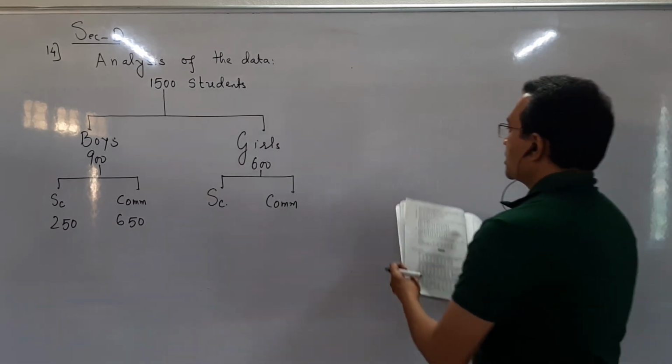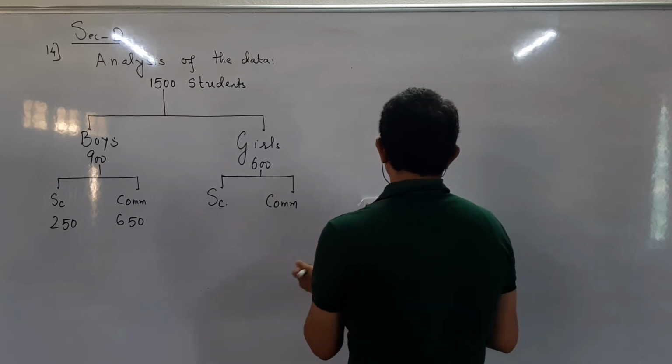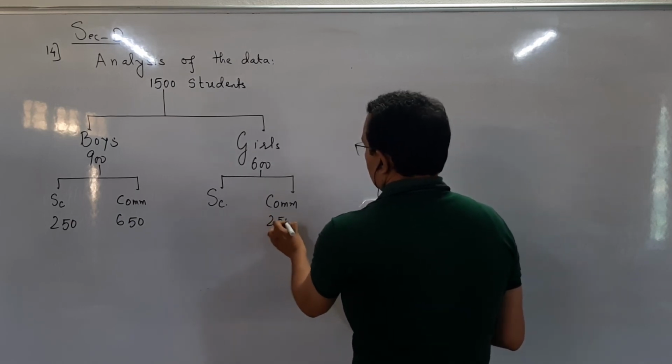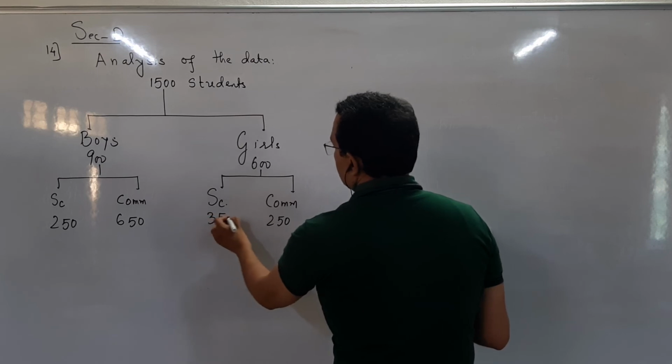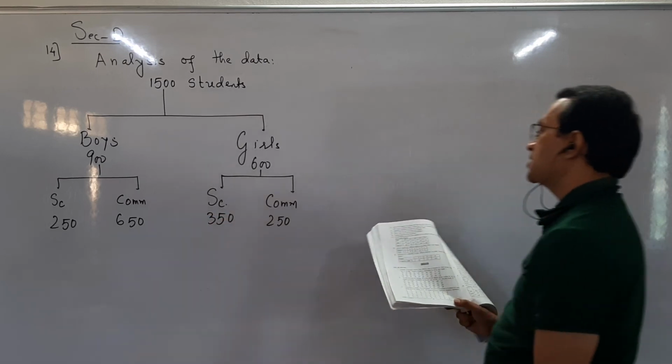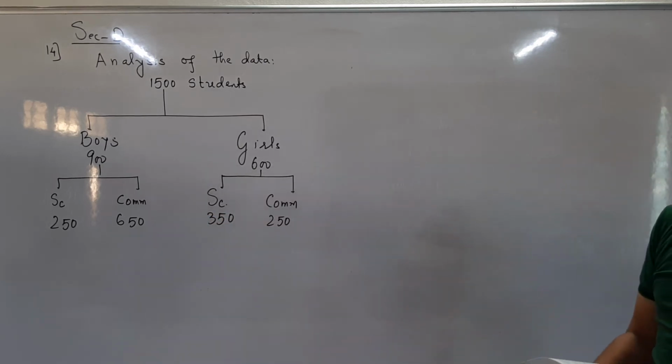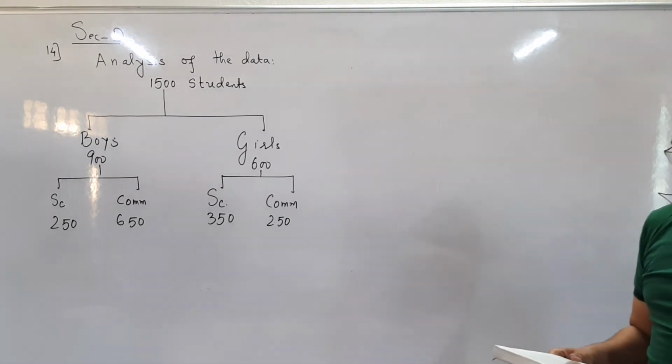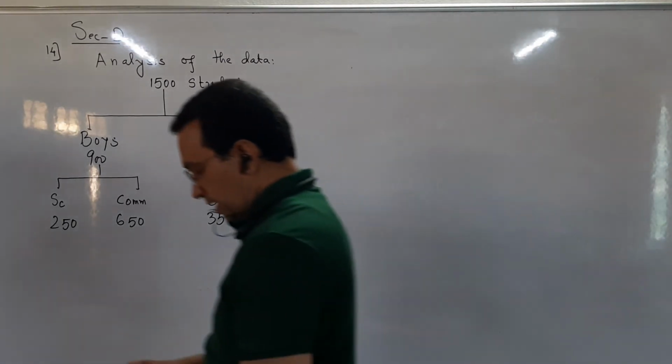250 girls were in commerce stream. So definitely 350 girls will be in science stream. Total will be 600. So the tabulation here becomes very, very easy, students.